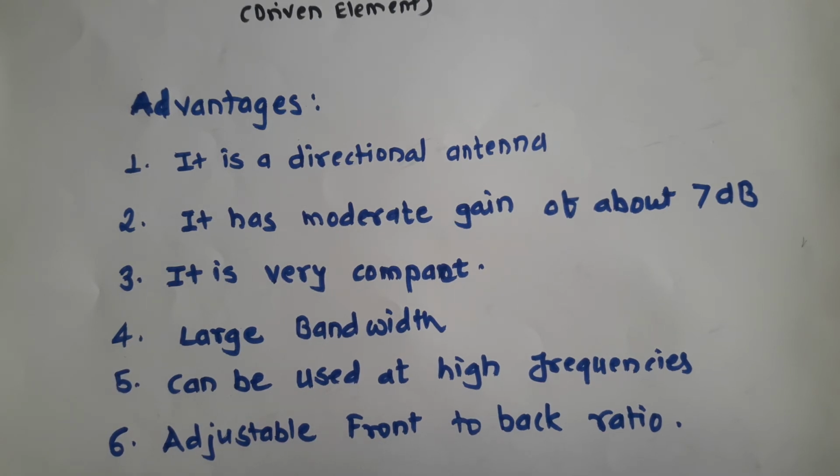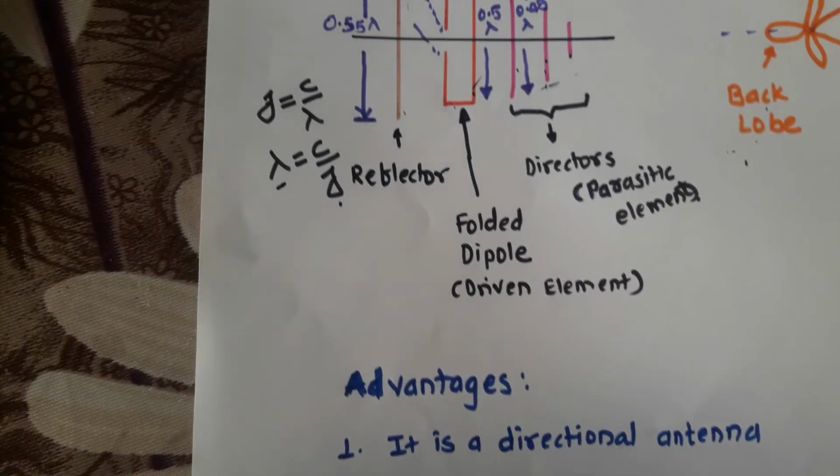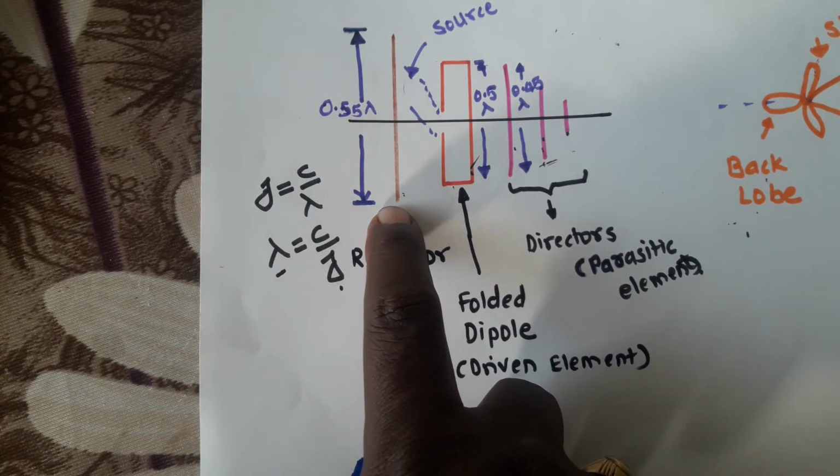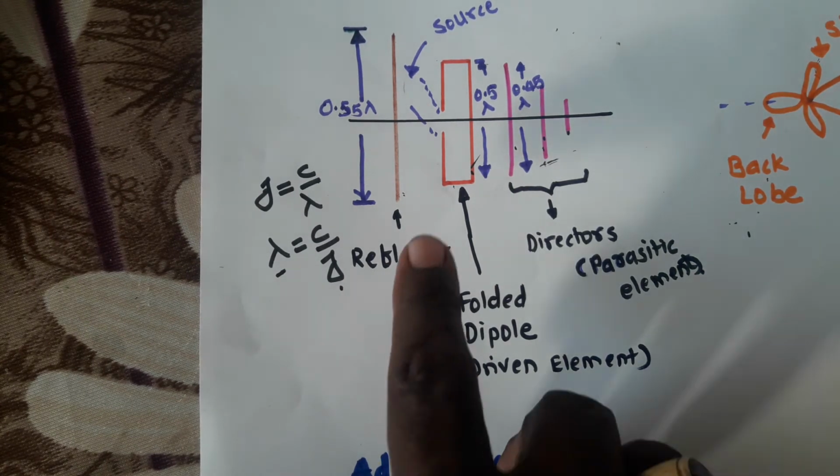It can be used for the higher frequencies. So for VHF, UHF applications, this kind of antenna is very much applicable. Then adjustable front to back ratio. So depending upon the requirement, the front to back ratio can be easily adjusted. If we change the location of the reflector, the front to back ratio is different.